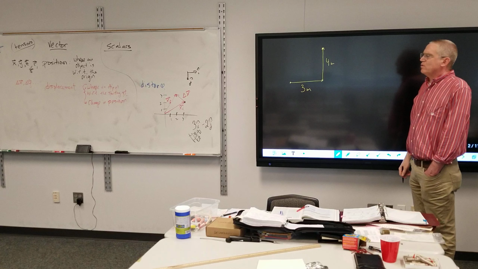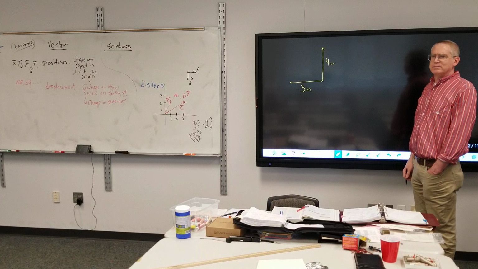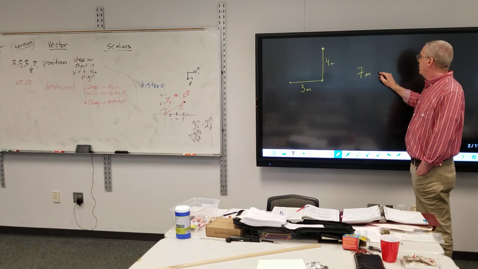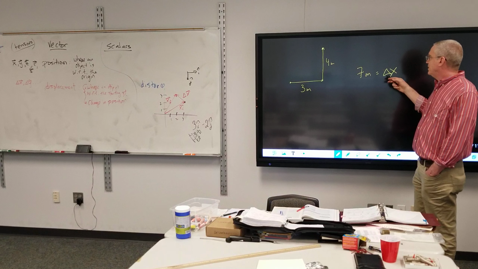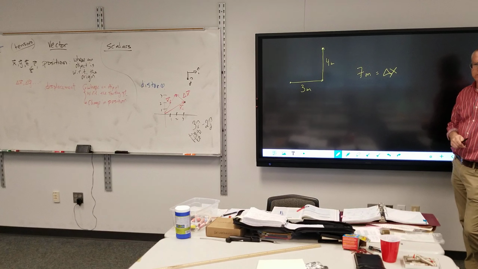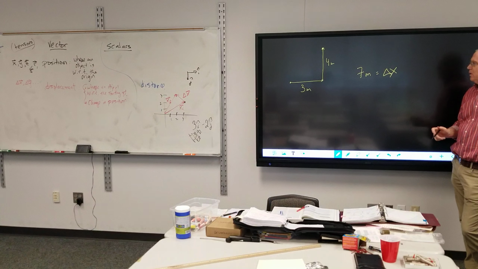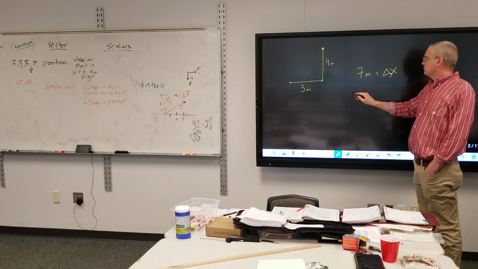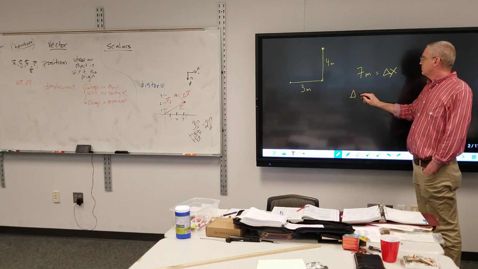What is the distance I traveled? 7 meters. Yep. And the symbol delta x or delta y or whatever letter I happen to be using, but there's just no vector symbol over it. So that's the distance I traveled. What is my displacement? 5 meters.